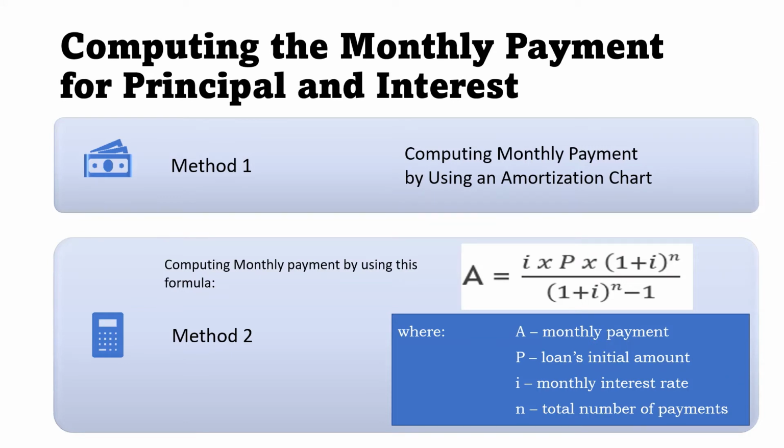Amortization is equal to I multiplied by P multiplied by (1 plus I) raised to N, divided by (1 plus I) raised to N minus 1, where A is the monthly payment or the amortized amount, P is the loan's initial amount or the principal, I is the monthly interest rate, and N is the total number of payments.